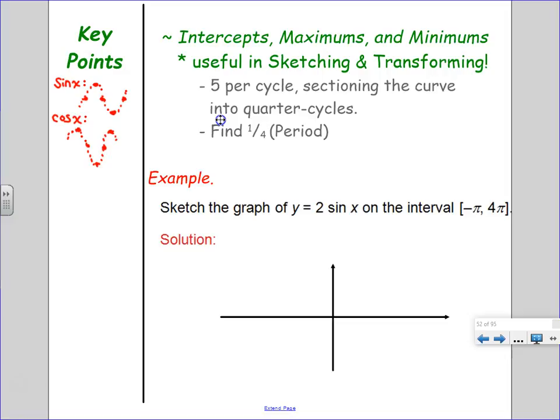Now, I've shown you one cycle of sine and one cycle of cosine, from beginning to end. A normal parent function cycle. Parent function. We talked about parent functions when we were getting ready to transform stuff, right?